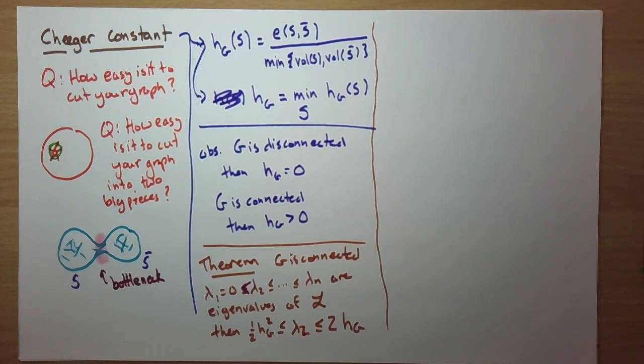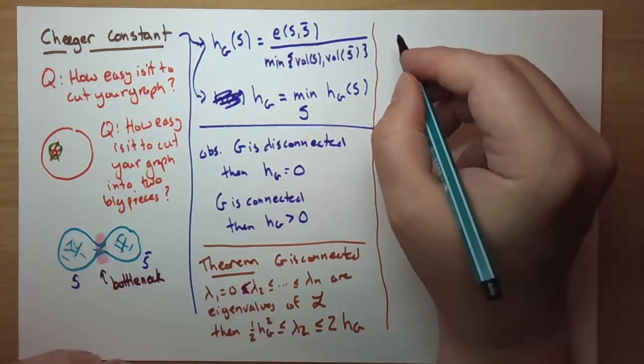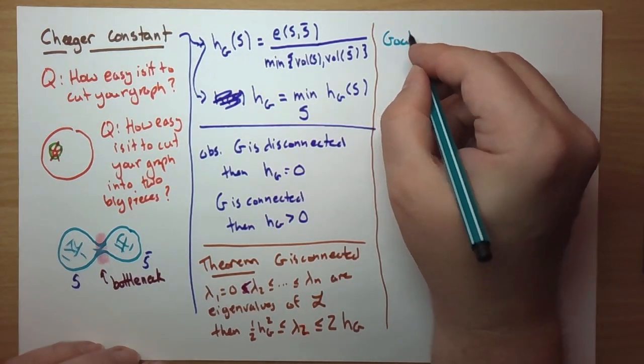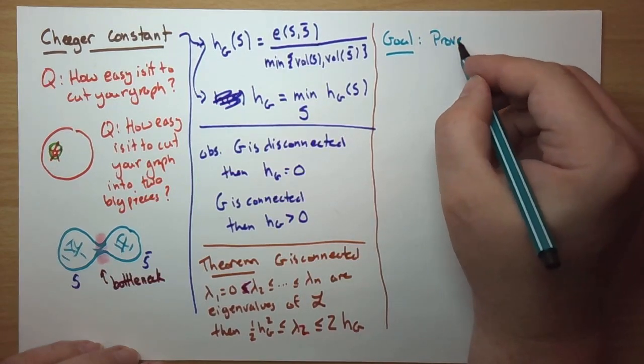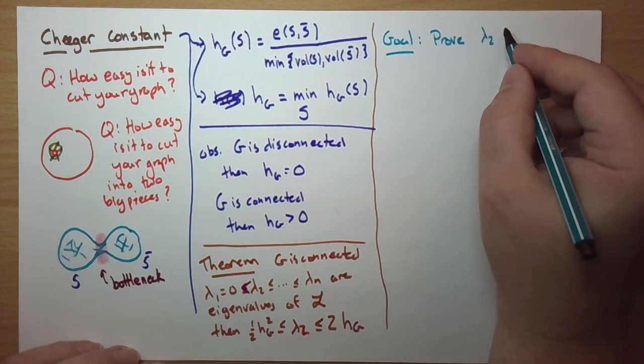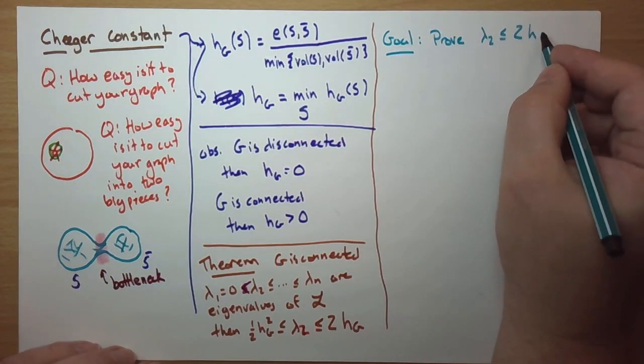Okay, well, it would be nice if we could prove one of these. So we'll try to prove this one. So, a goal. We're going to try to prove that lambda 2 is less than or equal to 2 h of G.